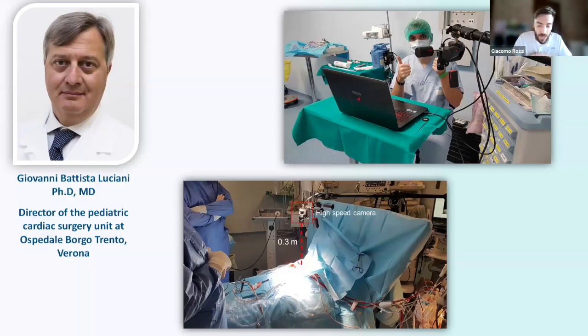The idea behind the project was to record the beating heart with a high-speed camera that was attached to an extensible arm. The camera was placed more or less at 30 centimeters from the heart, and we were able to record the cardiac movement in 2 dimensions and to extrapolate some parameters of cardiac motility, like speed, acceleration, and so on.